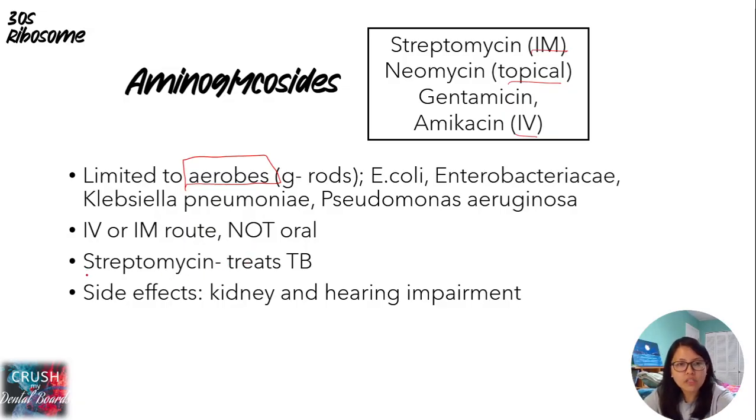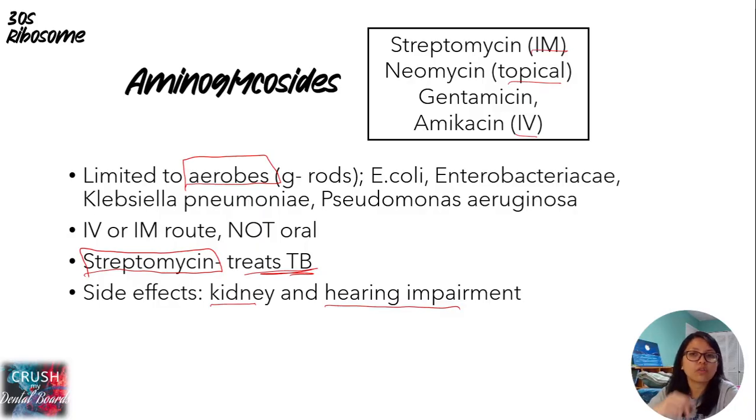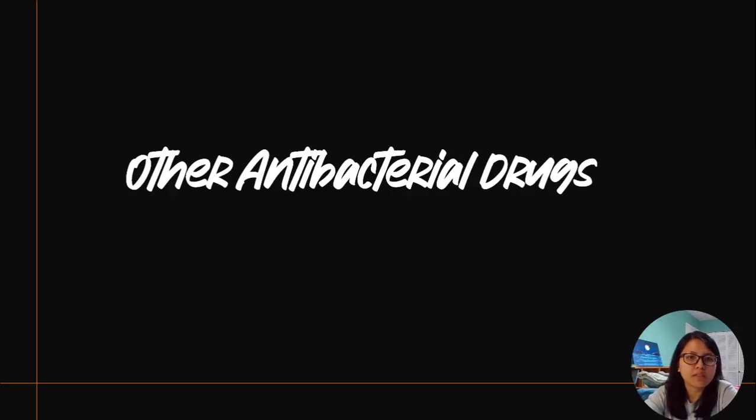Now, streptomycin is a special aminoglycoside because it can also treat your TB, your tuberculosis. Okay. Now, common side effects of prolonged use of aminoglycosides would be kidney and hearing impairment. Okay, so nephrotoxicity and ototoxicity. So that's a common side effect of using your aminoglycosides.